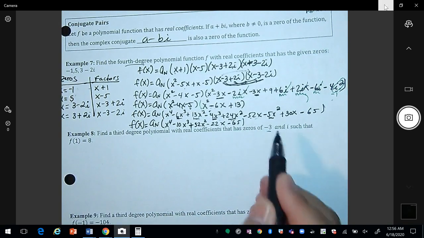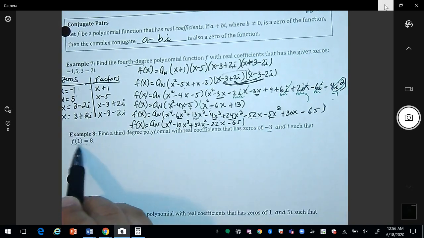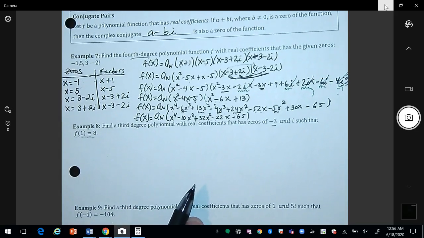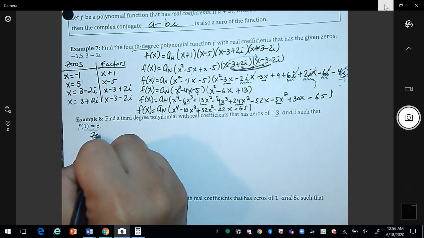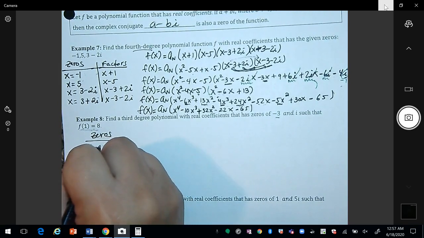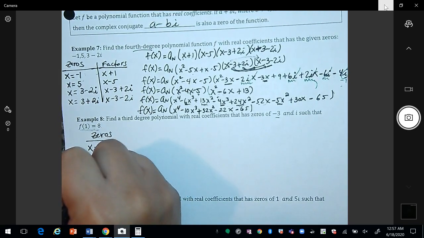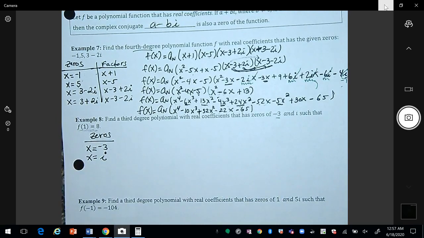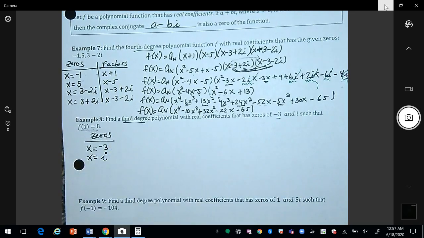So they give us the zeros, but then they also give us this extra information. So for example, the zeros are x equals negative 3 and x equals i. We're looking for a third degree polynomial.